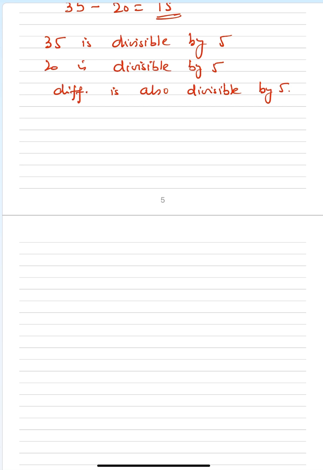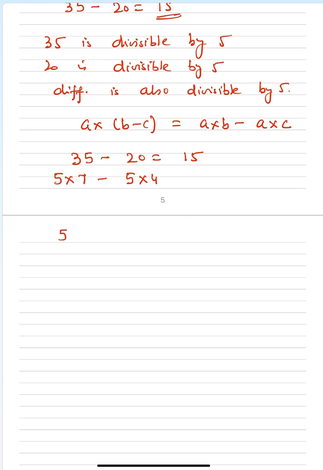This is very easy, and this is also nothing but the distributive property of multiplication over subtraction. Okay, this we can write as a into b minus c, which is equal to a into b minus a into c. How will I get this? Let us write 35 minus 20 is equal to 15. 35 is nothing but 5 into 7 minus 5 into 4. Let us take out 5 common.